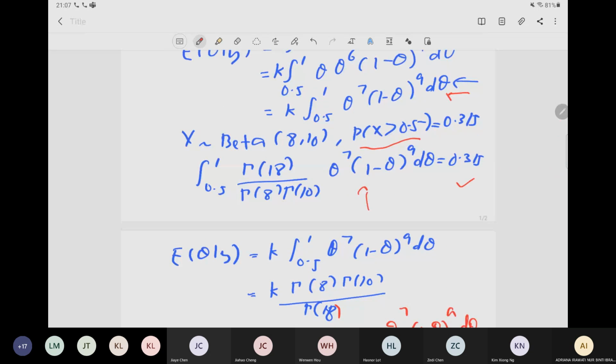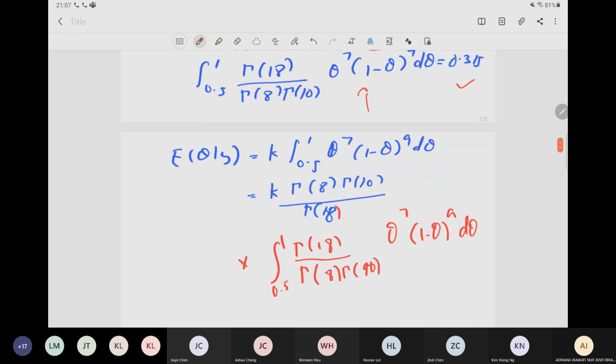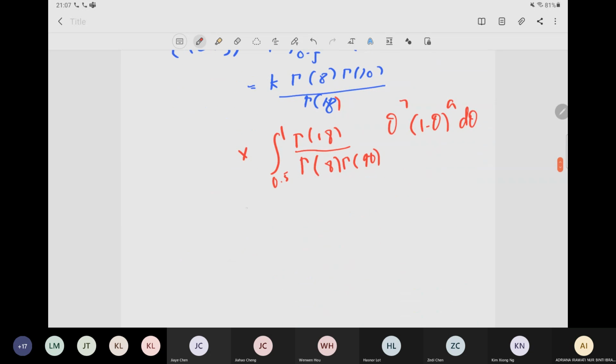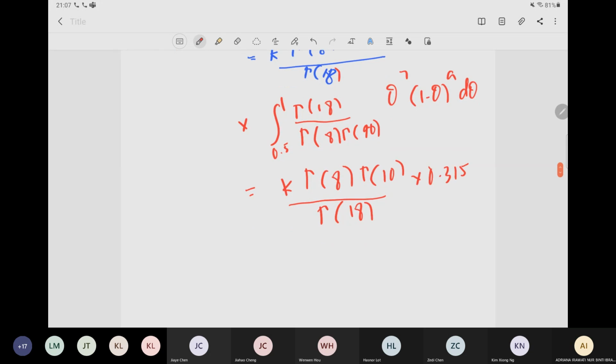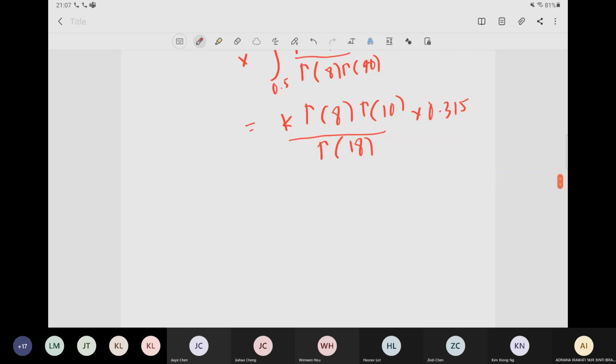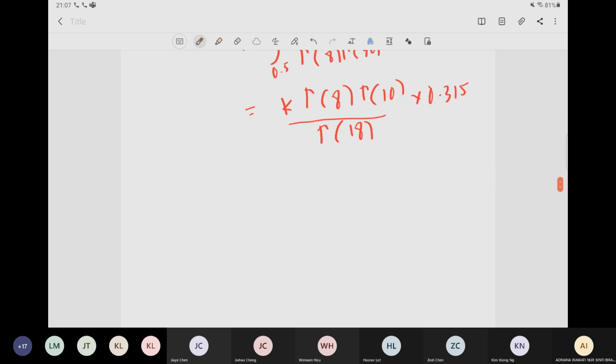So you have here the long K, because it's too long to write, then gamma 10 and gamma 18, multiplied by 0.315. Then again using the gamma function, multiply by K, and so on. Too long to write, and you will get around 0.57.